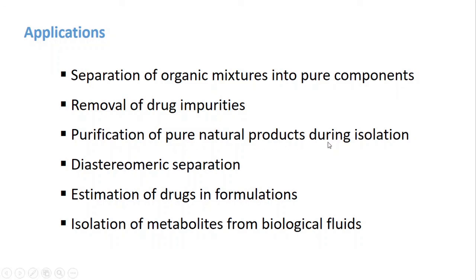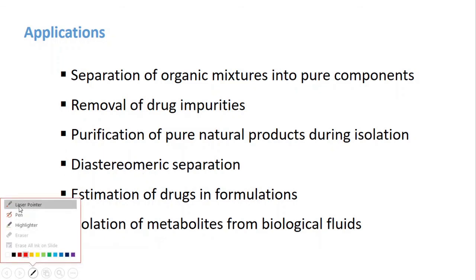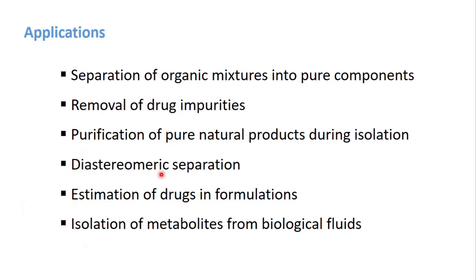And purification of natural products during isolation. Even during isolation from plant extract or from any animal source, when you will be having a mixture, it's very important to purify and then look for their properties, medicinal properties and other thermal properties, etc. And diastereomeric separation, see, this is very important. If you have diastereomers, we can separate them using column chromatography.